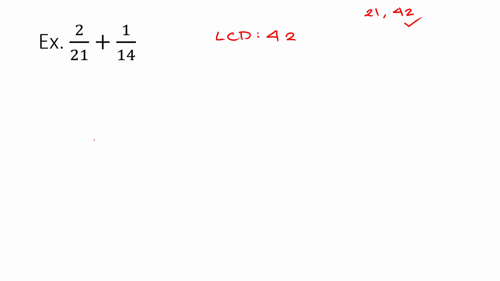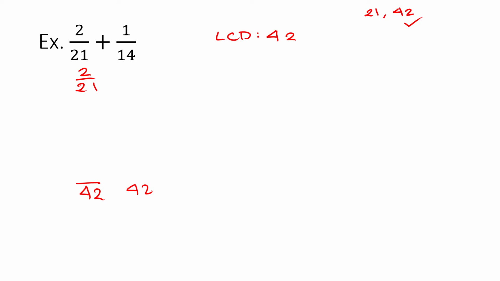Now, we want to change 2 over 21 plus 1 over 14 such that the denominator is 42. So let's start with 2 over 21. We need to change 21 by multiplying it with a number to make it 42. So what number do we need to multiply to 21 to change it to 42?